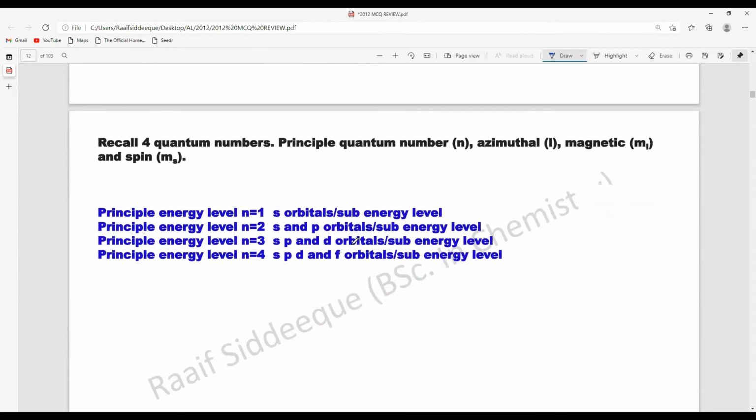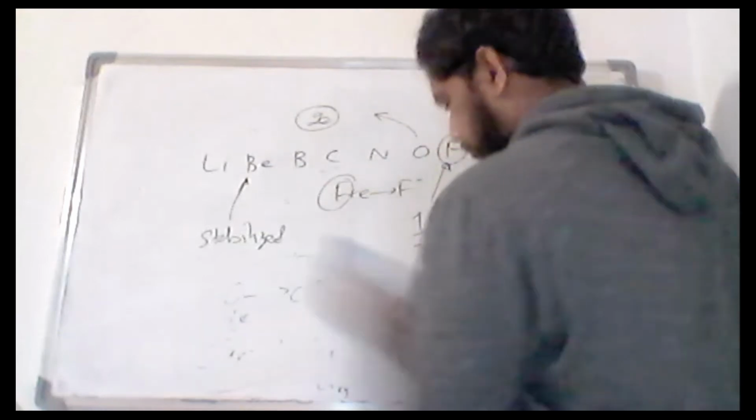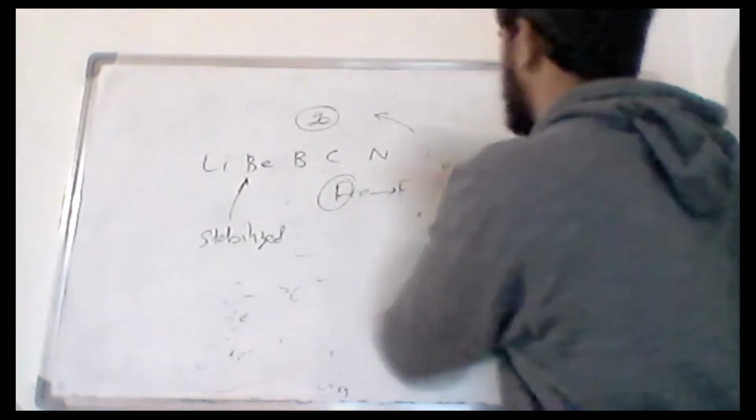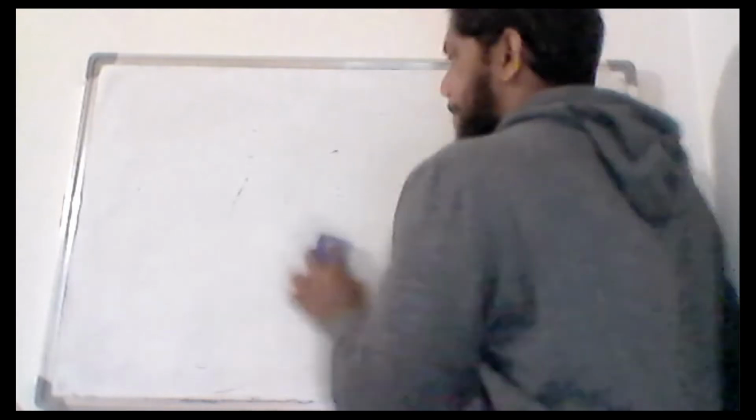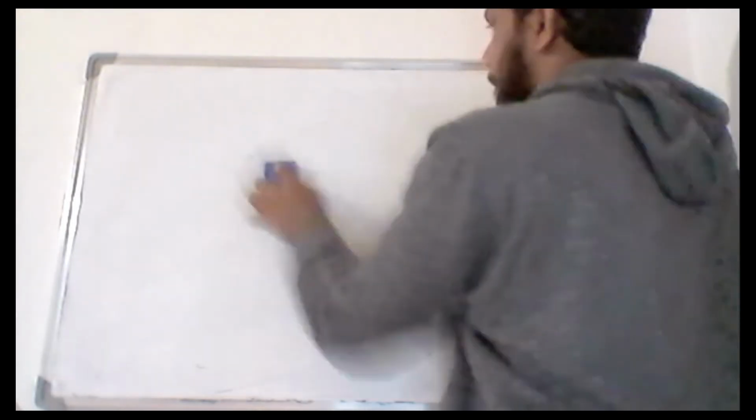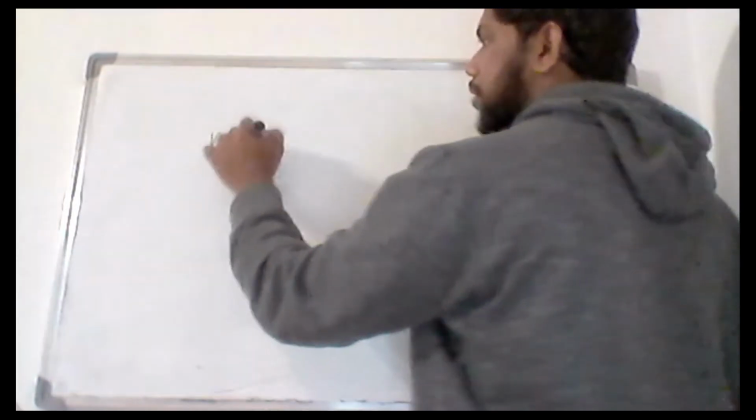So first thing that you should remember again, what are the quantum numbers? Principal, azimuthal, magnetic, and spin. Okay, just to make your life easier, we will say we have a principal quantum number n equal to 1.